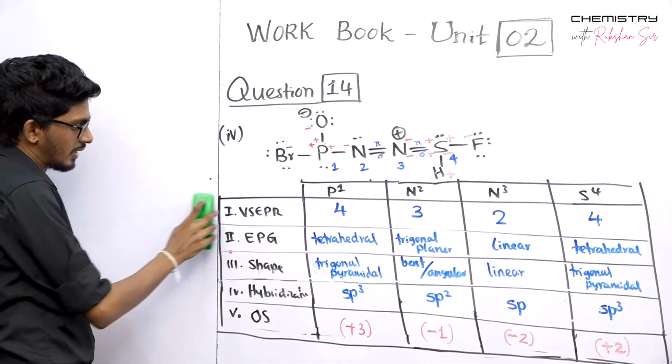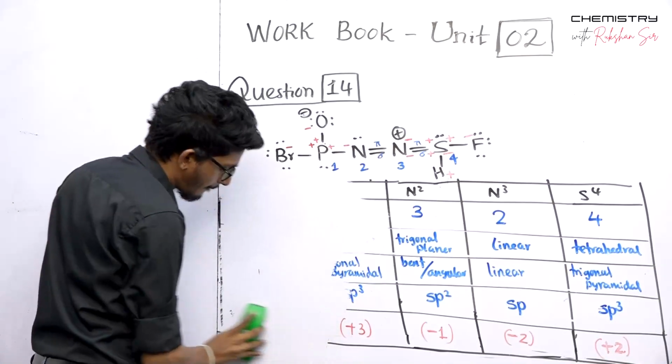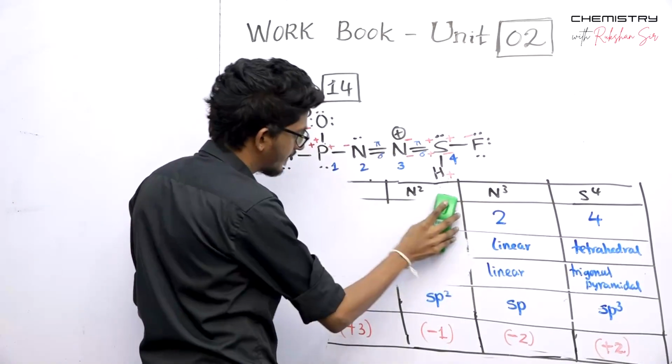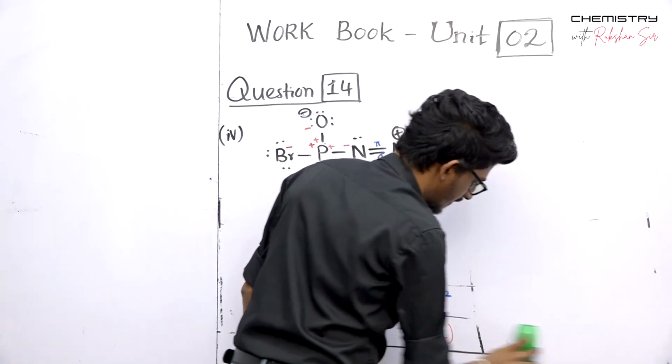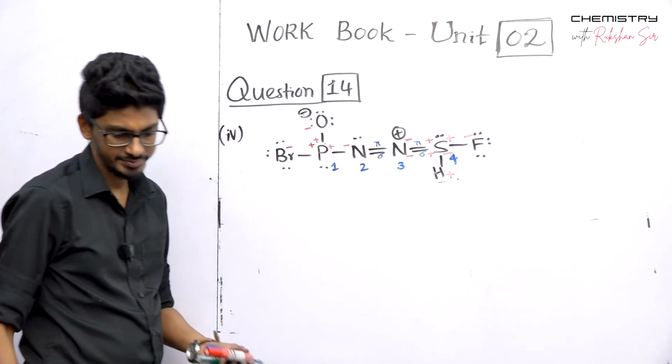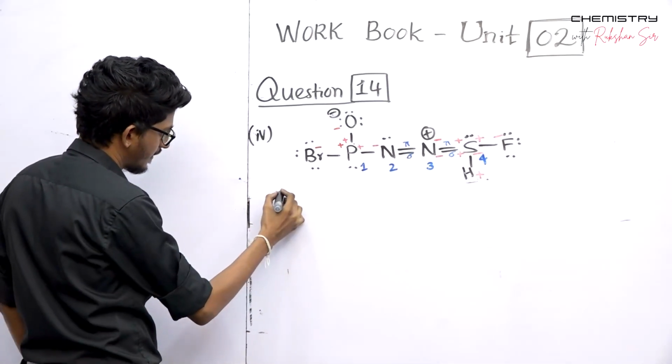Then we are supposed to come up with the sigma bonds, no? The orbital overlaps. Orbital overlaps, right? Let's see.